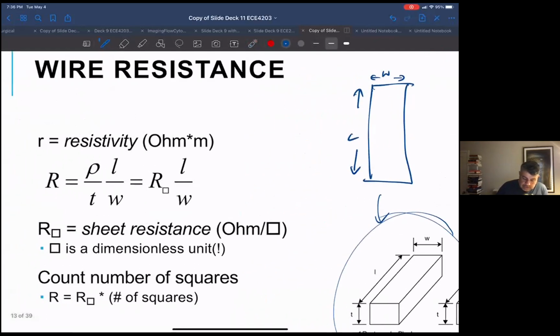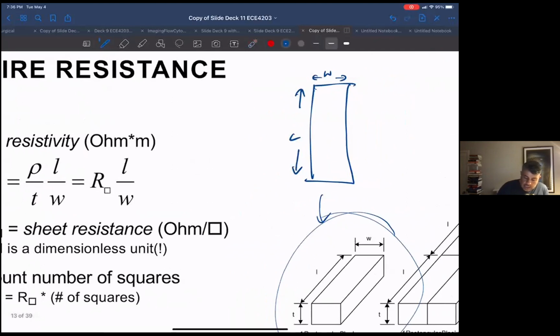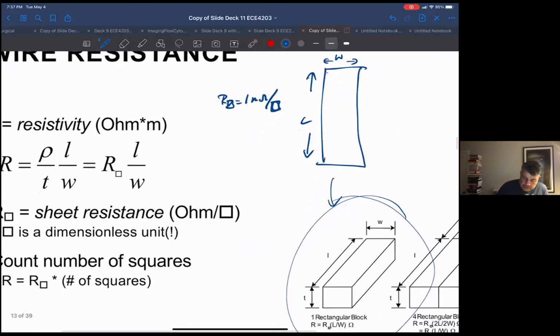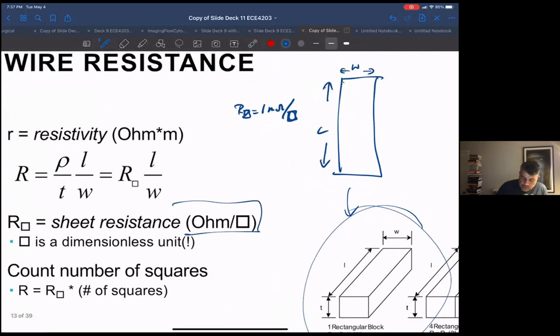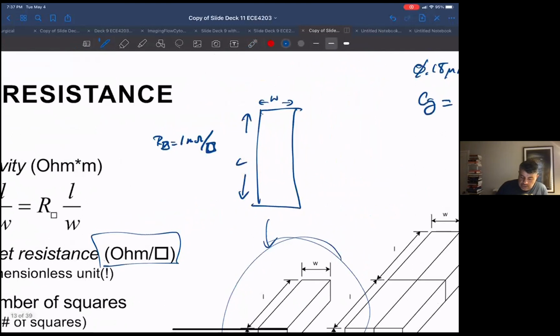So instead of keeping track of the resistivity of aluminum and the thickness, let's say we're using metal one as an example, you just remember that the sheet resistance for this is, I don't know, 1 milliohm per square. That's how it's given. It's a weird value, it's in ohms per square. And again, you'll see how this makes the calculation easy.